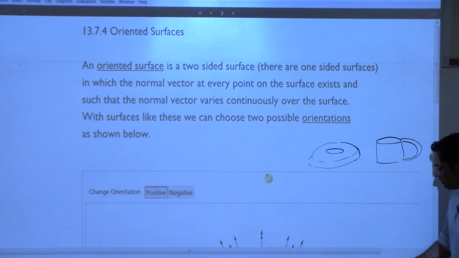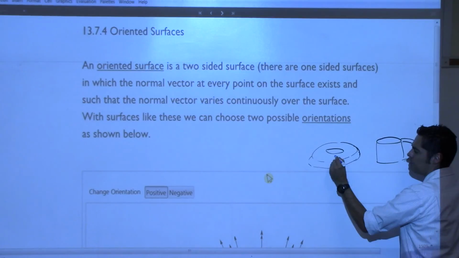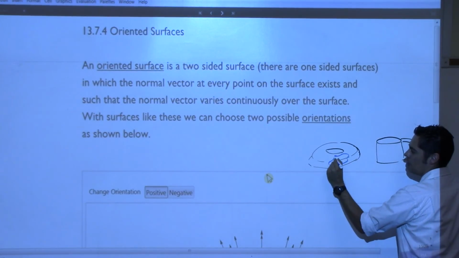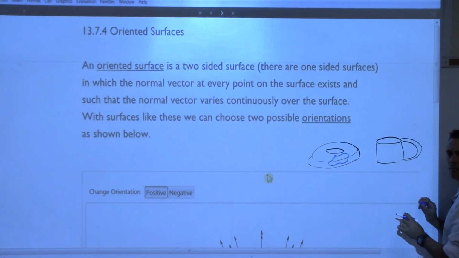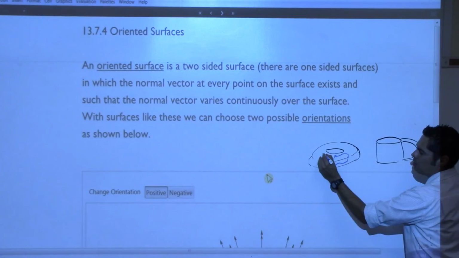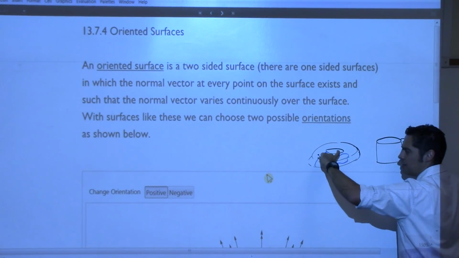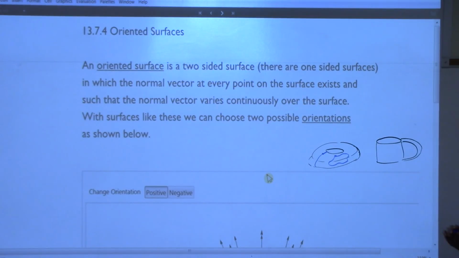And the reason is if I draw arbitrary curves on this donut, that curve, I can shrink it down to one point without cutting through any part of the donut, right? That curve right there on the outside. But if I draw a curve that goes into the donut, comes back around the outside and goes like this, I can't shrink that down to one point without cutting the actual donut.